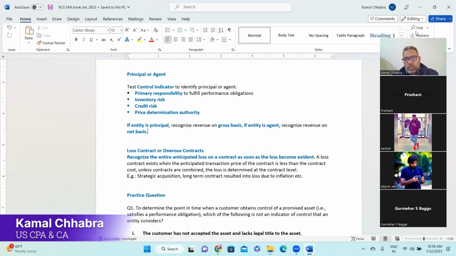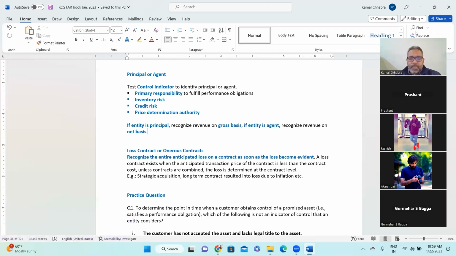They do not own the house, but they sell the house and earn commission or brokerage on selling it. So their revenue is the commission, not the entire sales value. In their books, they would recognize revenue only to the extent of commission, not the sale value of the respective assets or inventory.